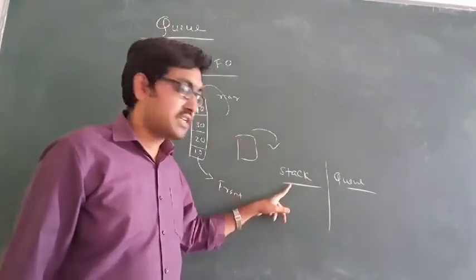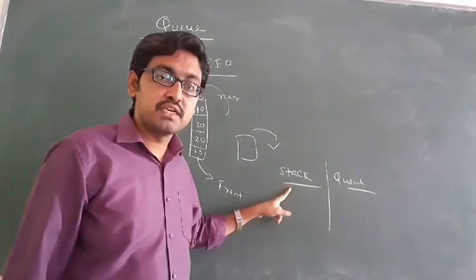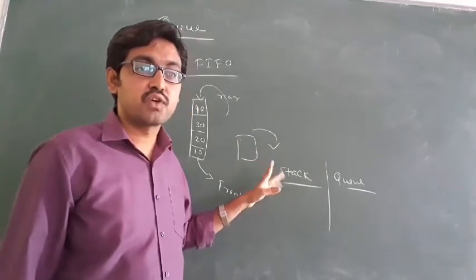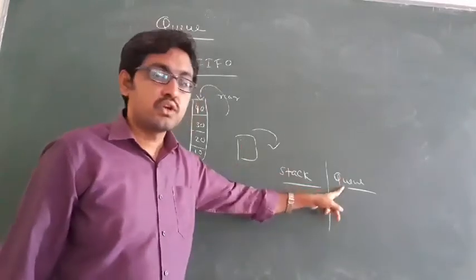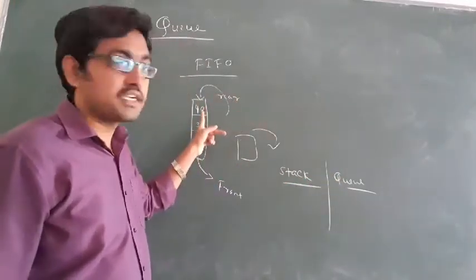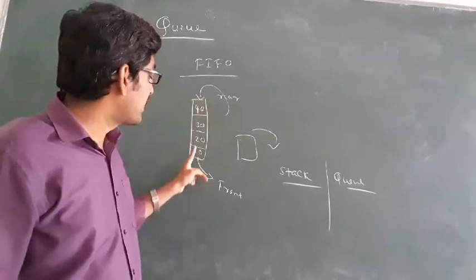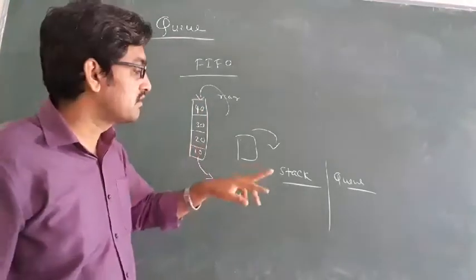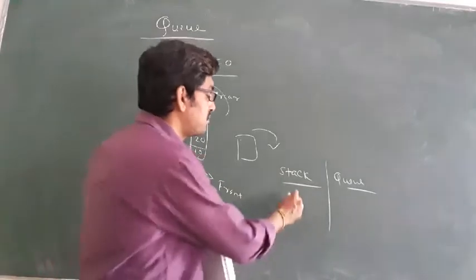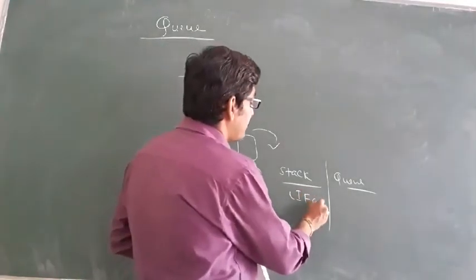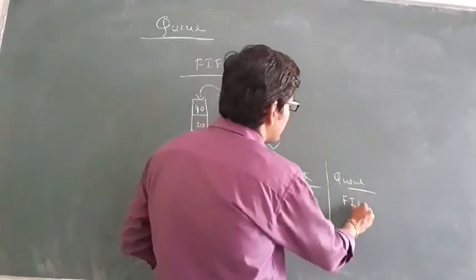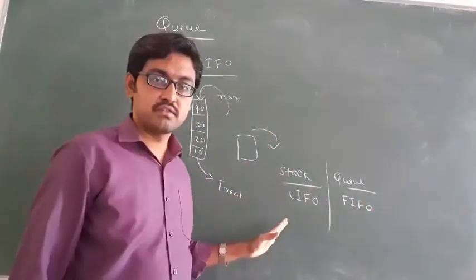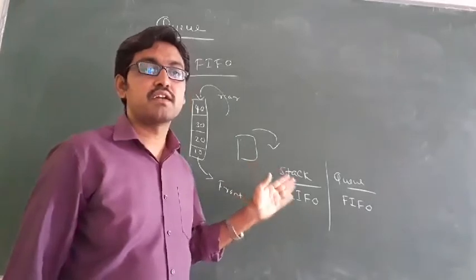But in a stack, items can be inserted and deleted at one end only. In a queue, the item is inserted at the rear end, from the top, and deleted from the front end, from the bottom. This is the difference. A queue works on the principle of FIFO.